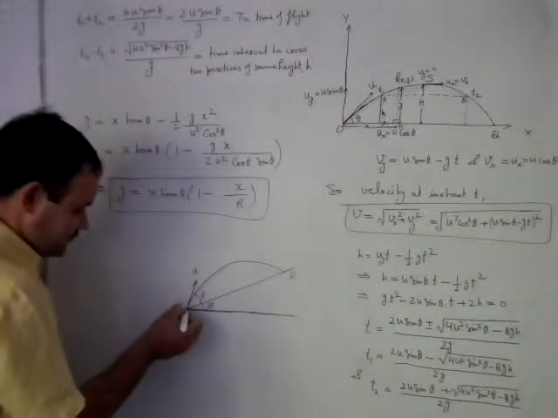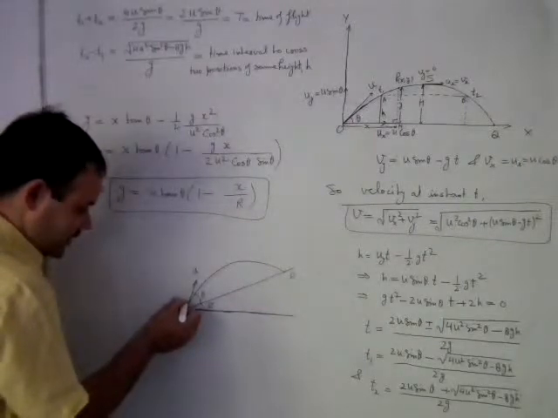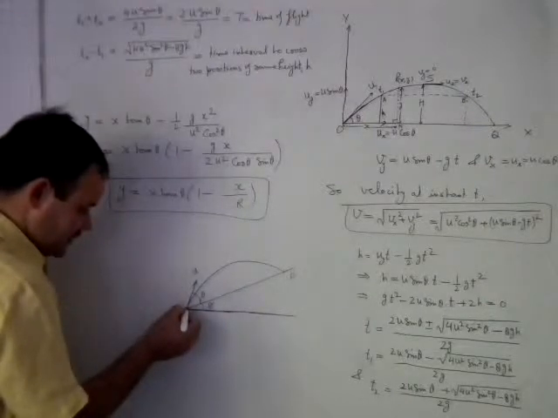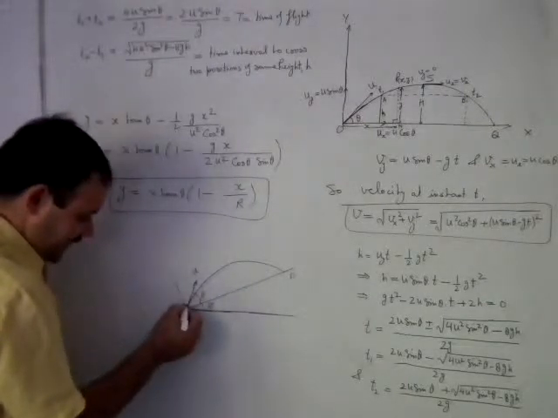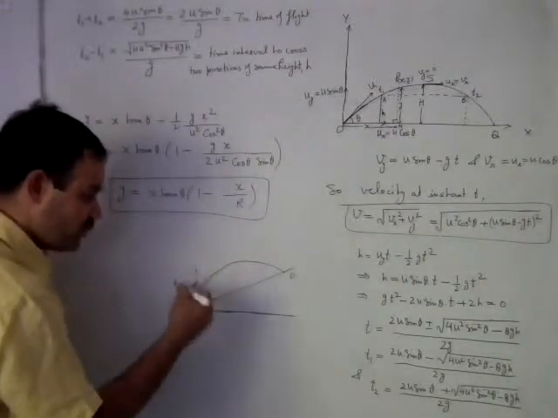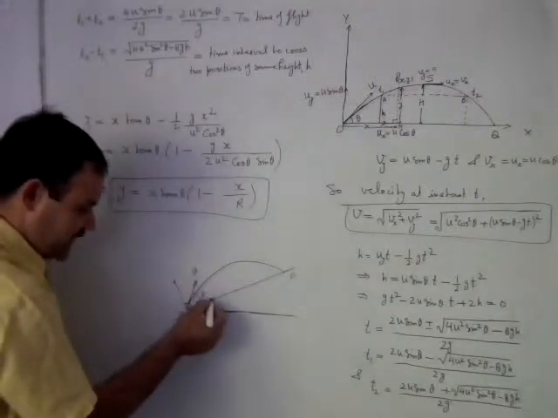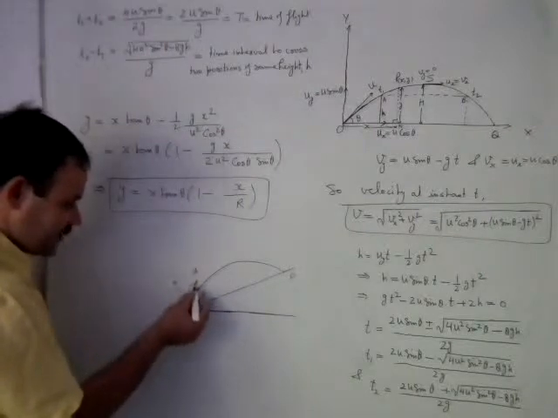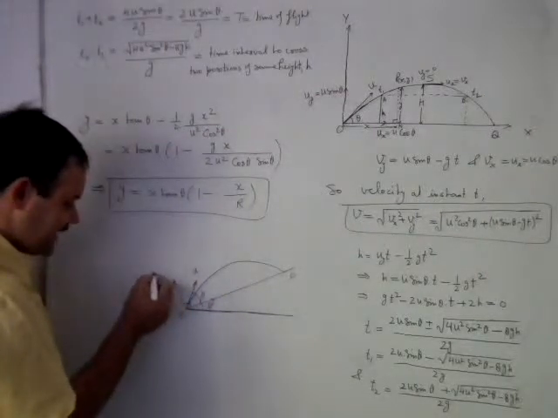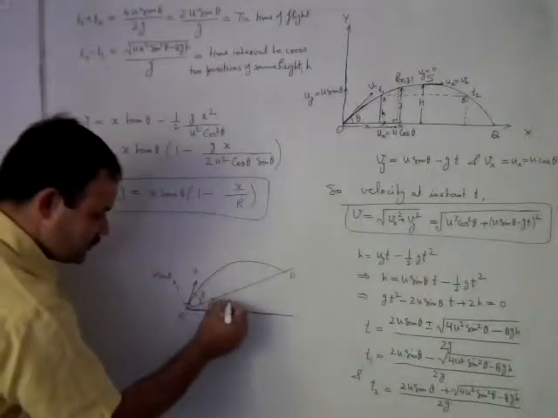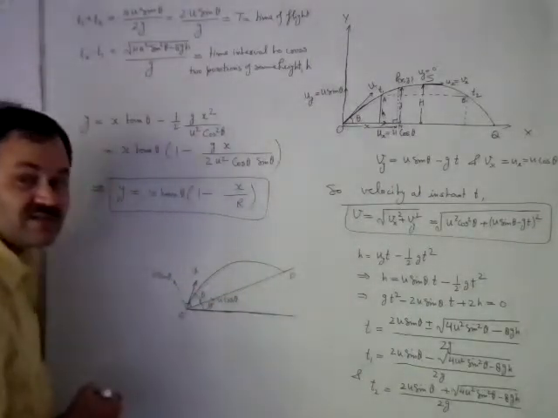One, by taking components of velocity, or components of motion, along the incline and perpendicular to the incline. If we take the component of velocity perpendicular to the incline, it will become u sin theta, and along the incline it will become u cos theta.